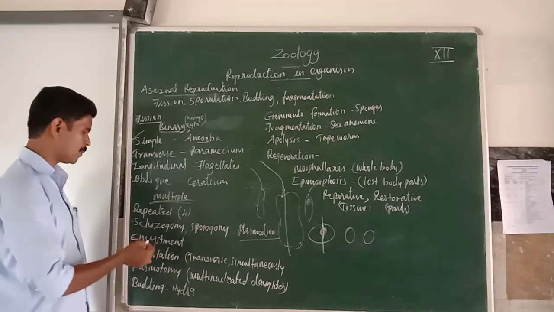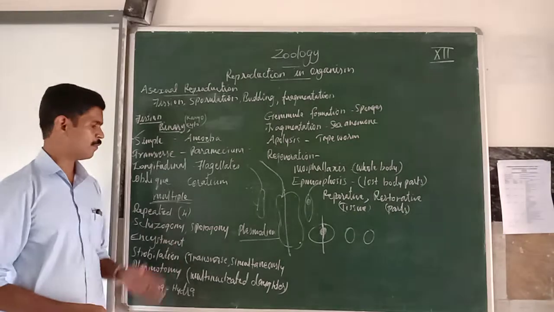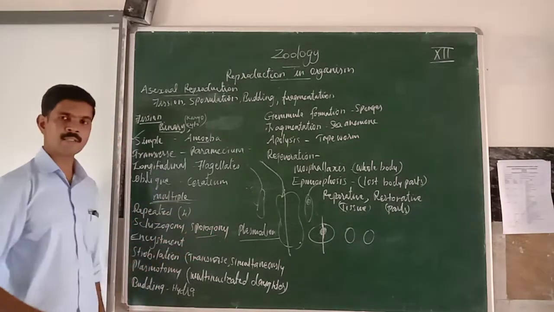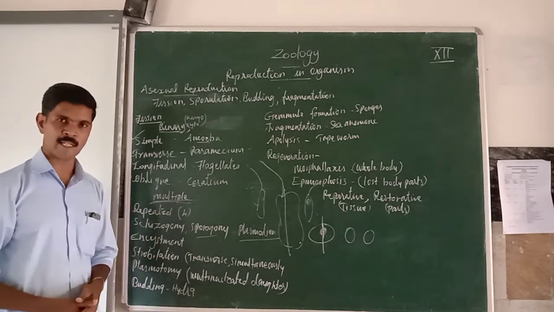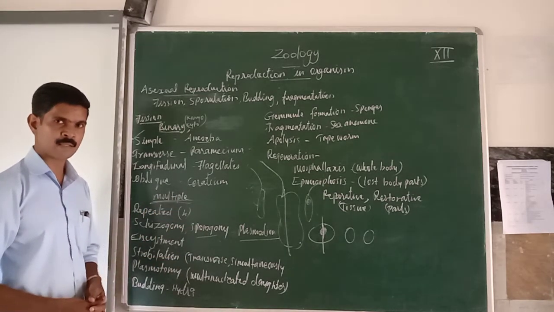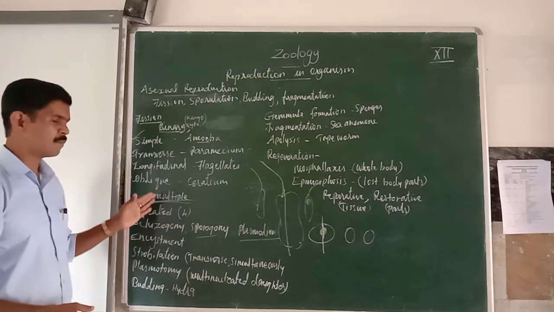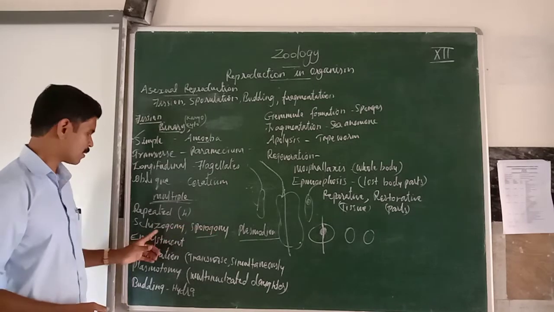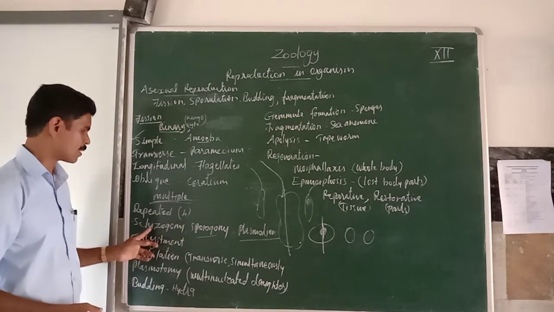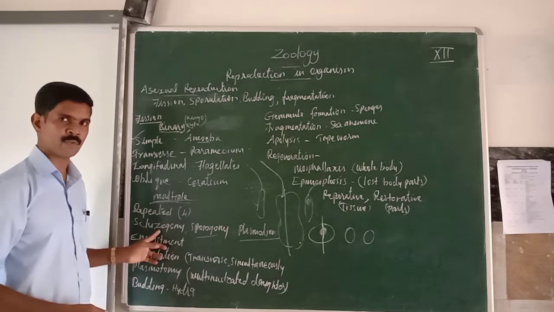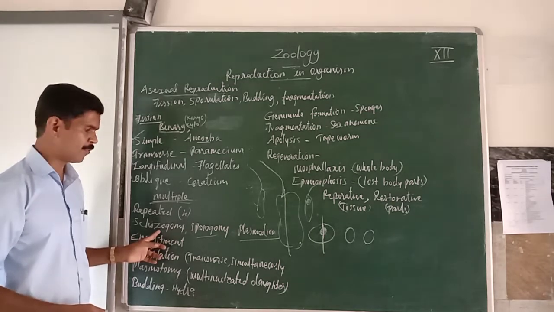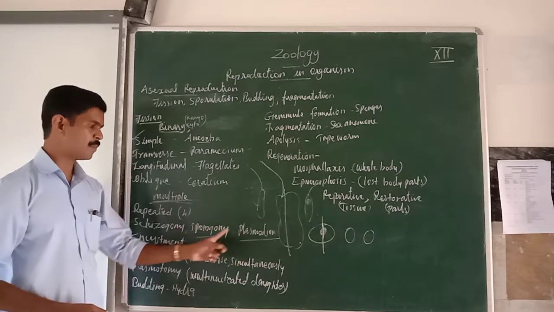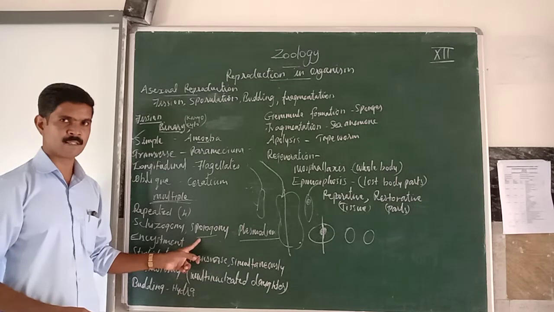When the Plasmodium is in the schizogony stage, multiple fission occurs, and this is called schizogony. Multiple fission also takes place when the Plasmodium is in the sporogony stage.